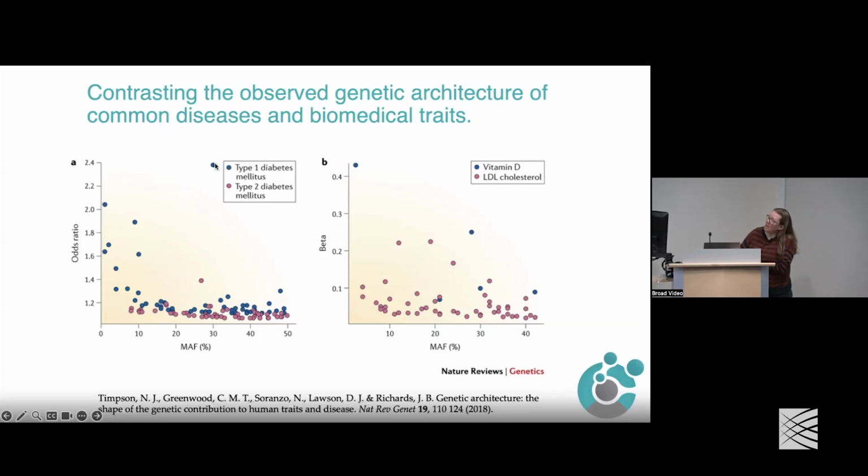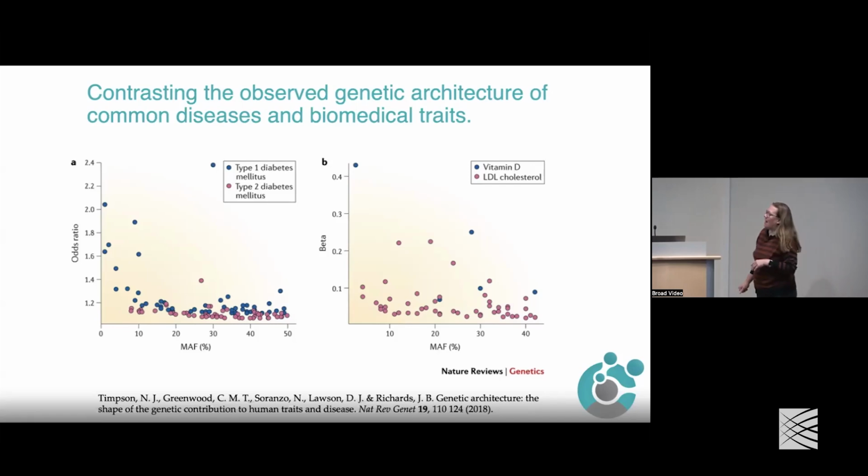There's this point up here, which is a frequent variant that has a very strong effect on type 1 diabetes. Contrast that with a number of low effect variants across the allele frequency spectrum. As the statistical power of studies has increased, we have been able to fill in a lot of the variants in this area for type 2 diabetes.